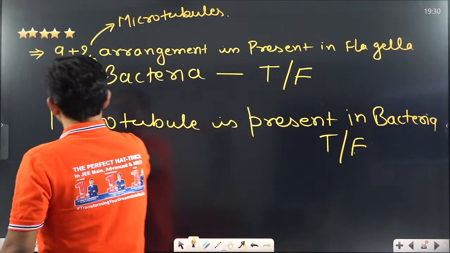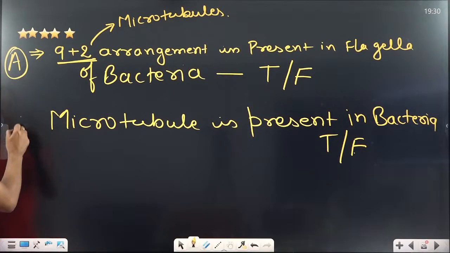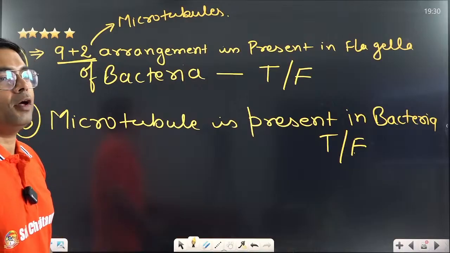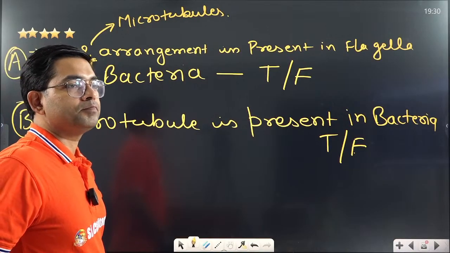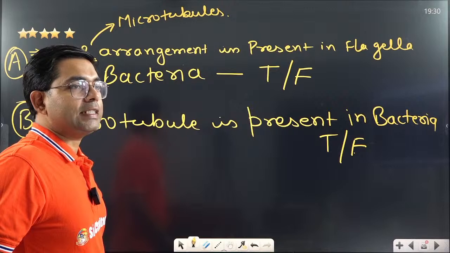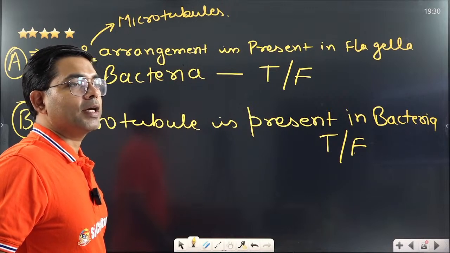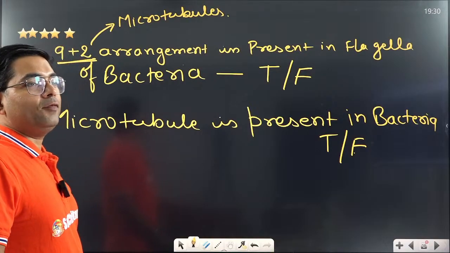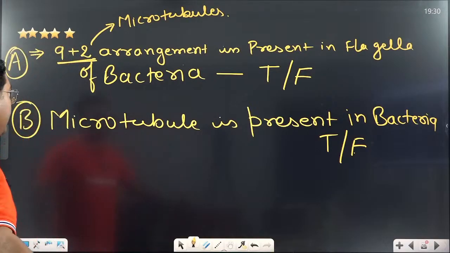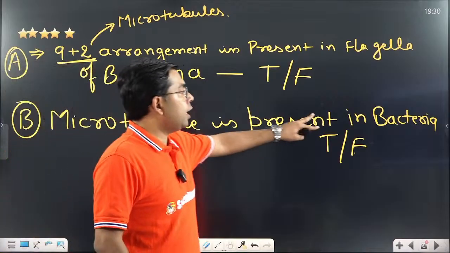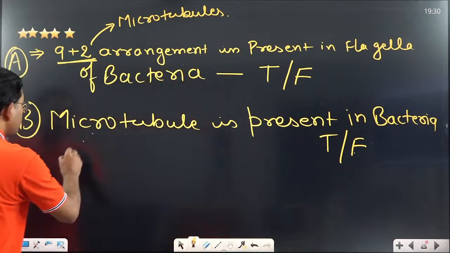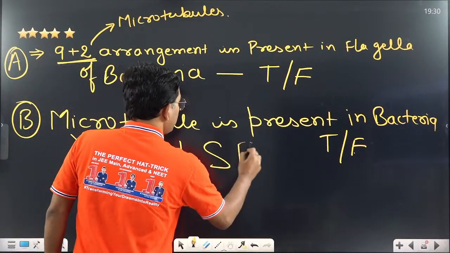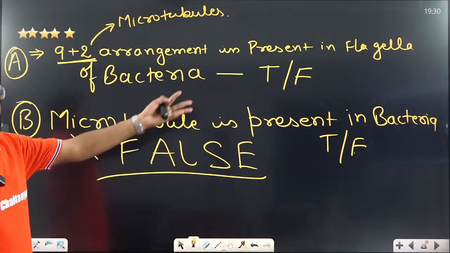Let's say this is A and this is B. Tell me, is statement B true or false? Jenny is telling false. Venkata is telling false. Sekhar is telling false. So microtubules are present in bacteria is totally wrong. This is false, because microtubule is not present in bacteria.